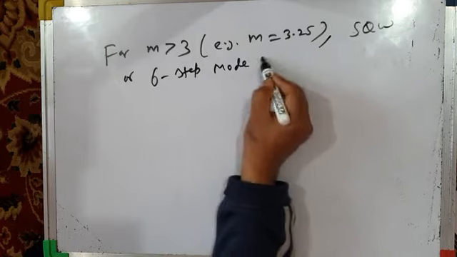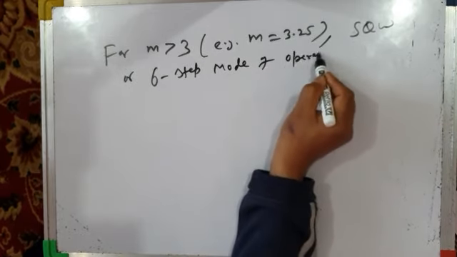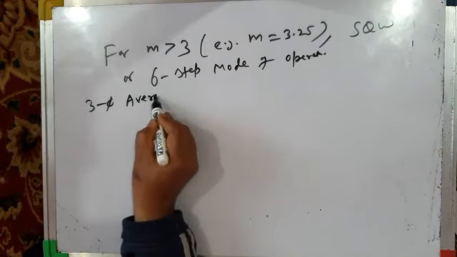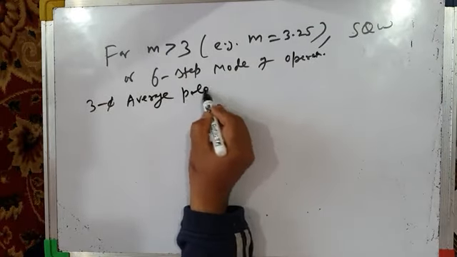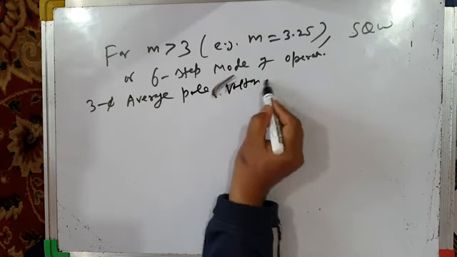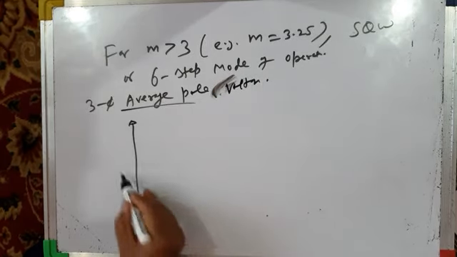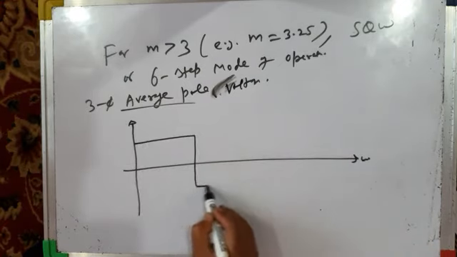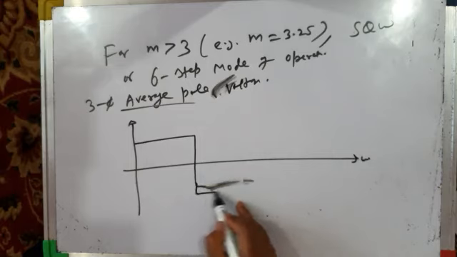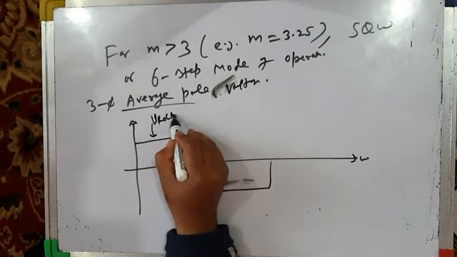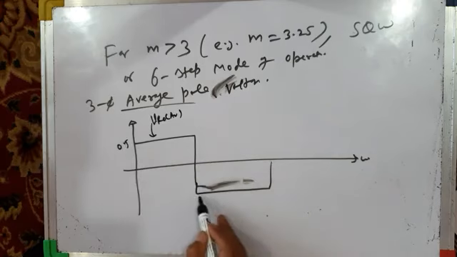6-step mode of operation. So in that case, 3-phase average pole voltages will be like this. They will be 100% square. So this is pole voltage, average pole voltage, VRO average. 0.5, minus 0.5.